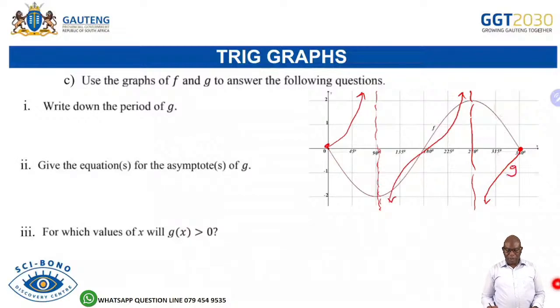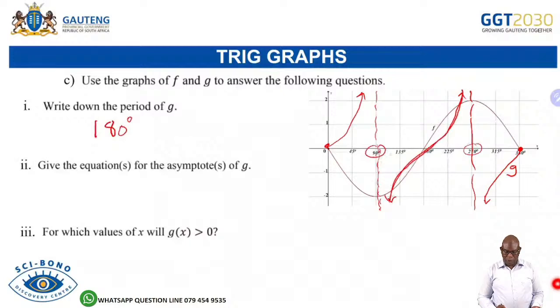So remember, the G graph is the tan graph. So how am I going to write down the period of G? Remember the period of G? I said the period of the tangent is always going to be 180 degrees. The period of the sine graph and the cos graph is 360 degrees, but the period of the tan graph is 180 degrees. Because for us to draw a full graph, we only need from 90 to 270.